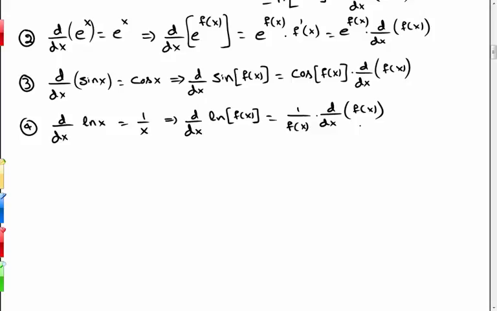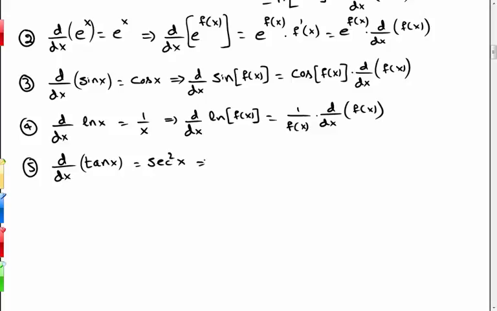Alright, let me do a couple more. For example, what is d/dx of tangent x? d/dx of tangent x is secant squared x.